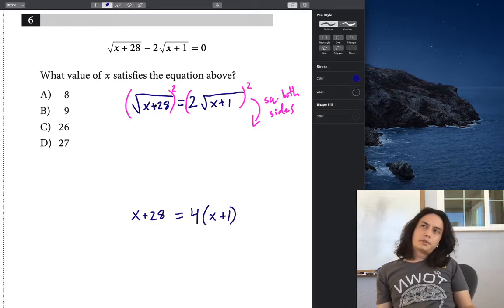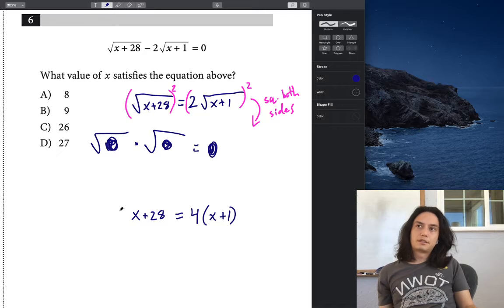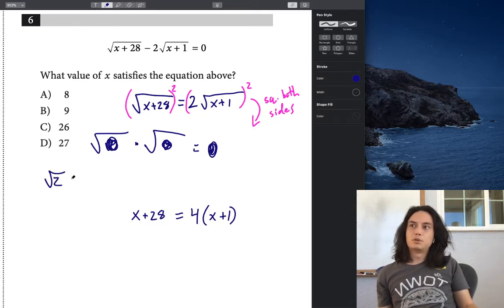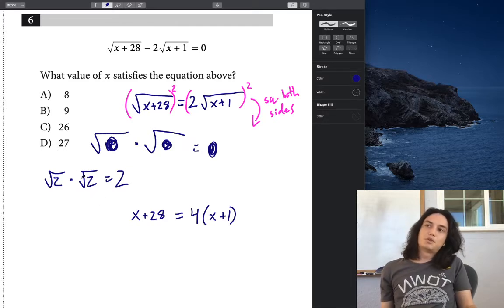And when you're taking the square root of x plus 28 squared, that's just the square root of anything times the square root of the same thing. So the square root of 2 times the square root of 2 is 2, because the square root of 2 is whatever thing you can square to get 2.